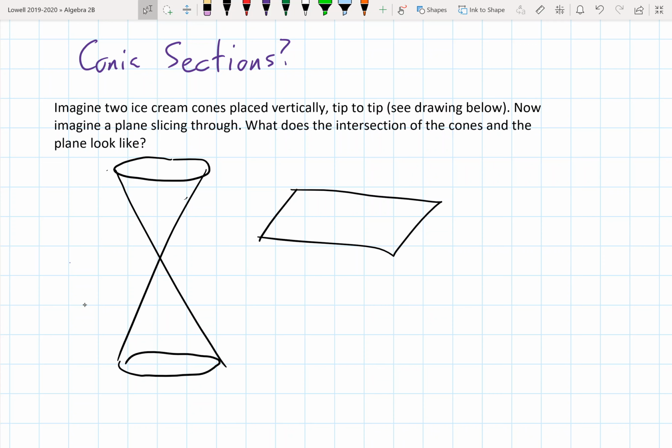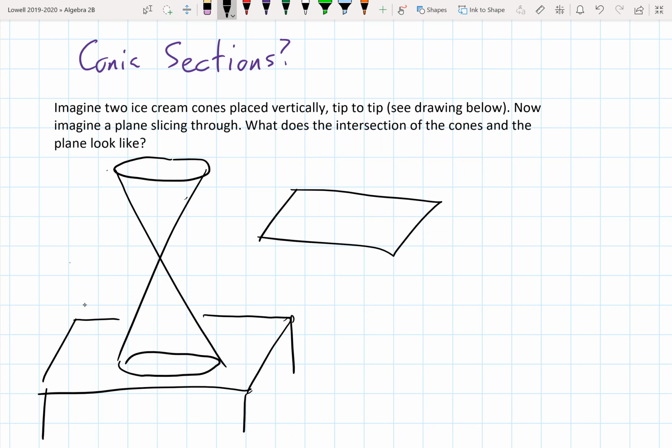But I think maybe the first one that jumps to mind would be if the plane just slices through these cones. And if the cone is, pretend, standing on your desk right here, then let's just say that the plane is parallel to the plane of the desk. What would that look like? Well, I should emphasize that the cone is a circular cone. So this base down here is a circle.